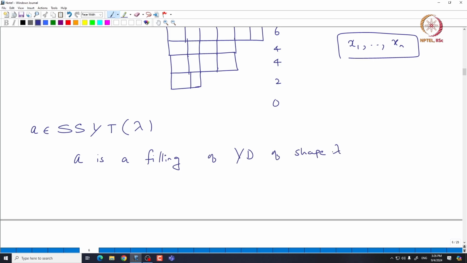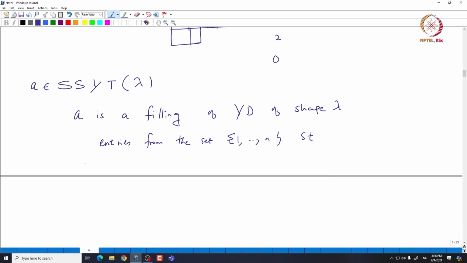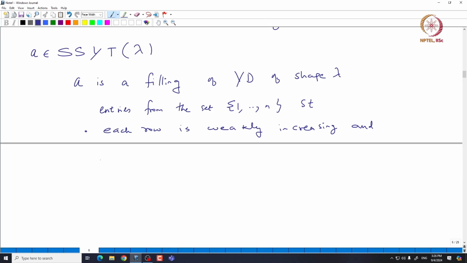You take this Young diagram of shape lambda and start filling it with entries from the set 1 to n, such that each row is weakly increasing, and each column is strictly increasing.